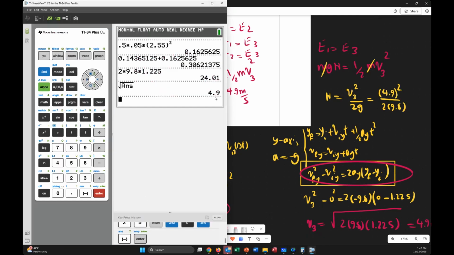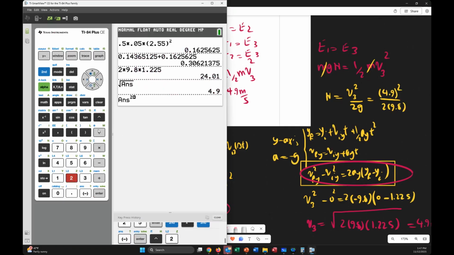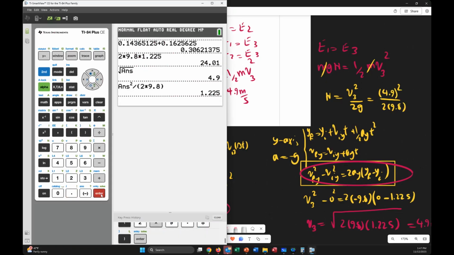I have 4.9 already, I just power it to 2, and then divide it by 2 times 9.8. It's going to be 1 point.